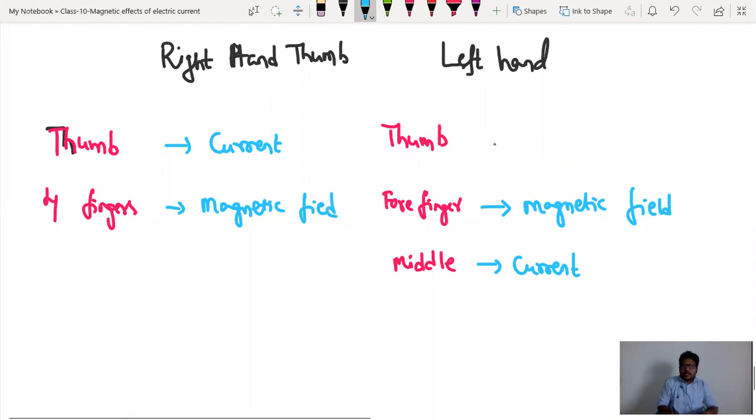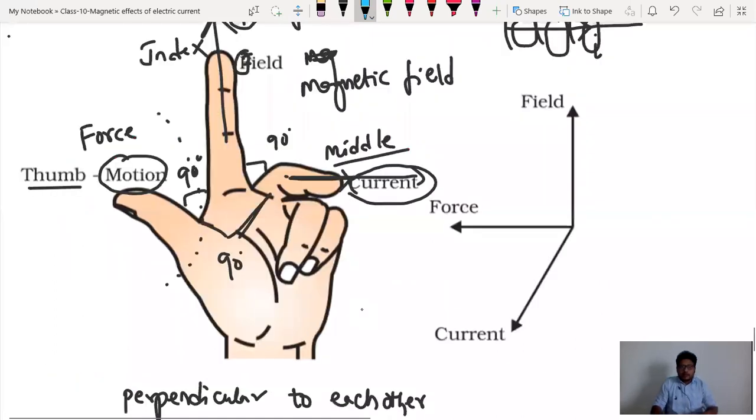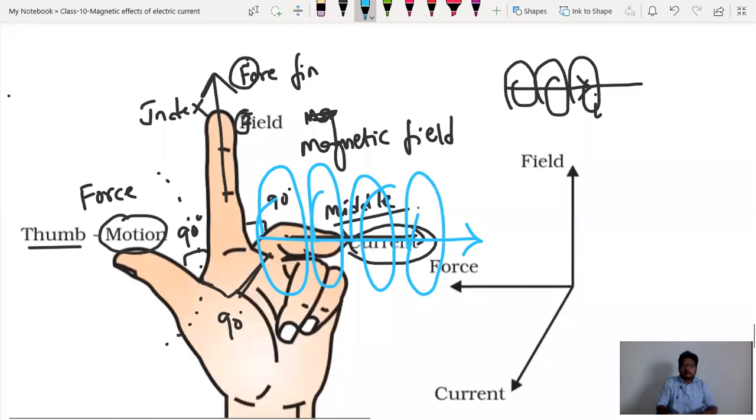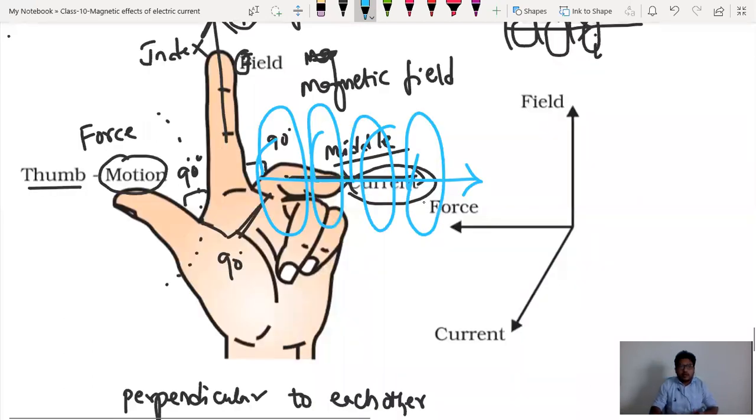Thumb is indicating force or motion. So you can apply the right hand thumb rule to the left hand. Here this is the conducting wire and this is the field, which is around this one, right? Now just try to understand this concept.